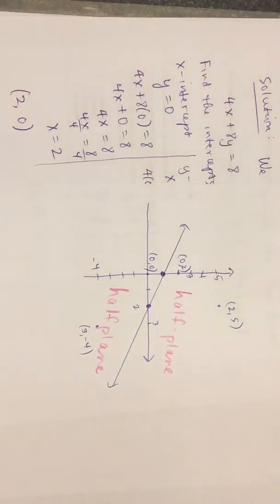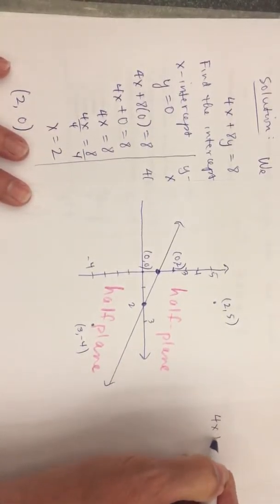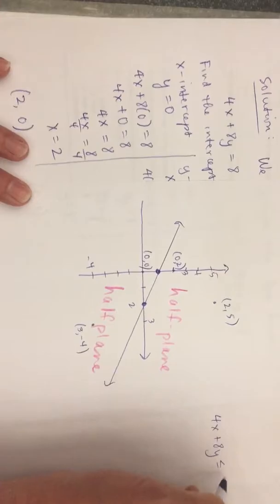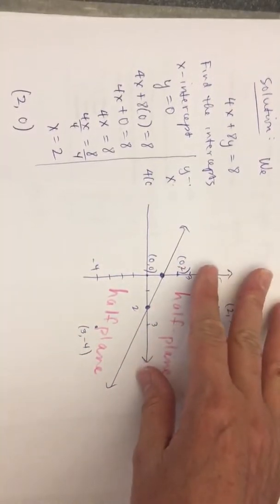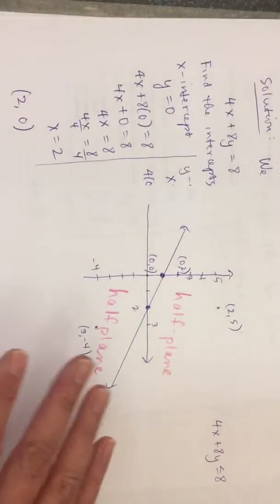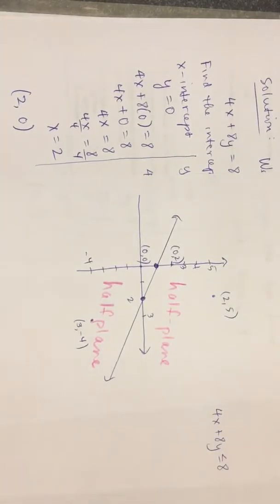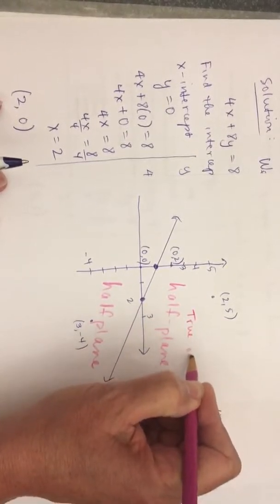Well, the thing about the inequality, which was 4x plus 8y is less than or equal to 8, the two half planes, one side is always going to be true and the other is always false. Now I'm kind of pointing and not saying which is which right now, but as far as the half planes go, they're either true or false.